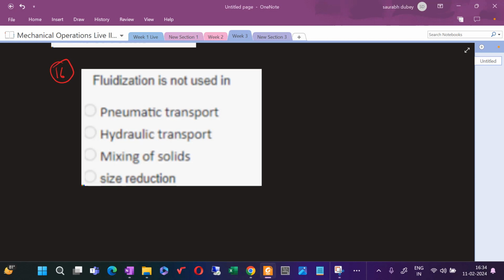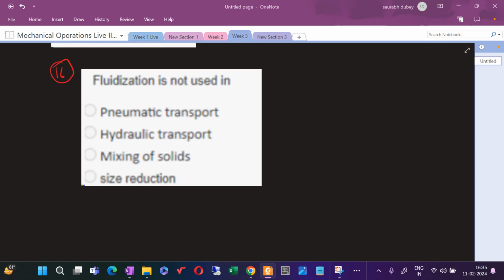Fluidization is not used for size reduction.